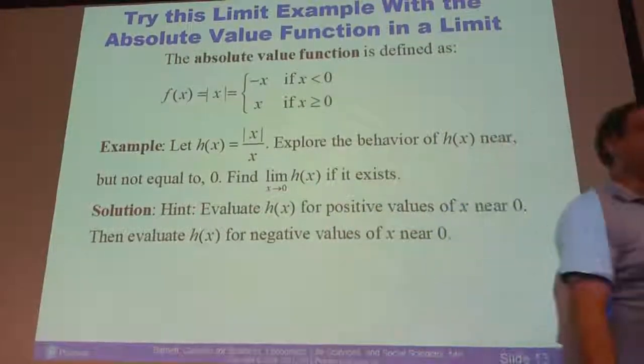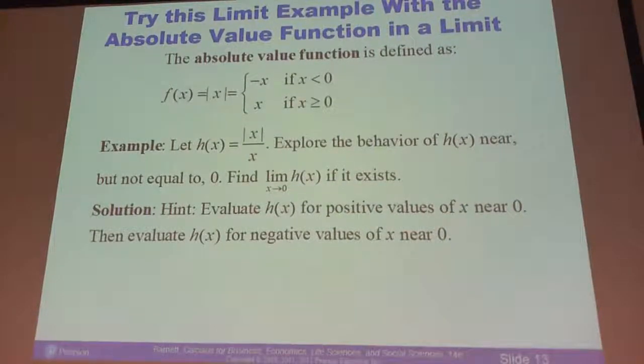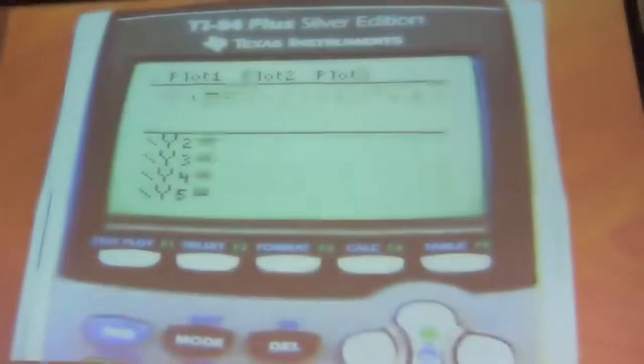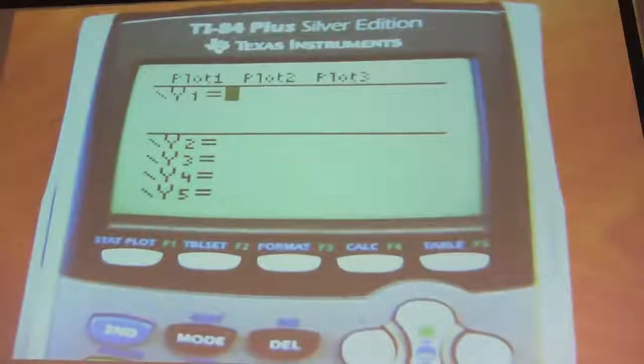So what I want us to do in our calculator, we're very good at our calculator now, right? We're going to graph this function. Okay, so take out your calculator, and we're going to go to y equals. If you have stuff in there, get rid of it. I want to type in the absolute value of x divided by x.